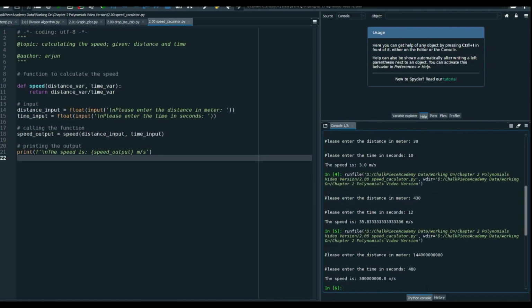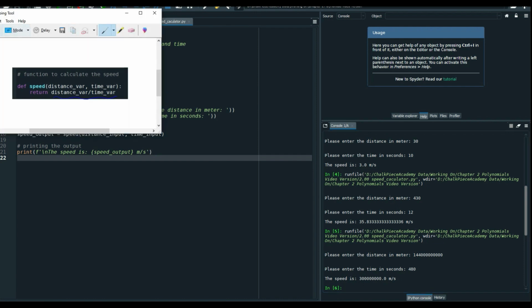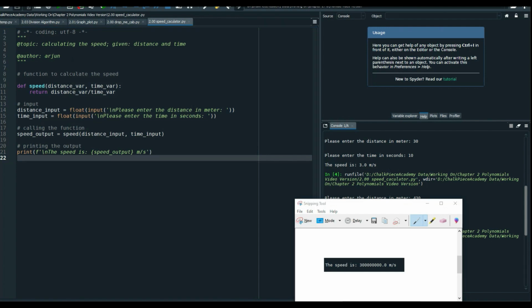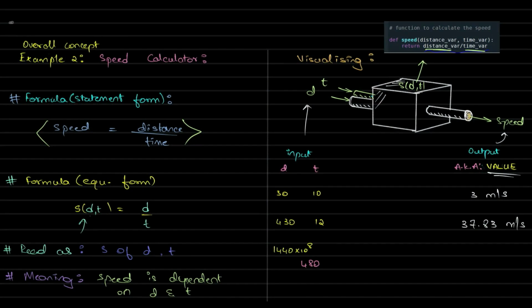We have 3 followed by 8 zeros, 3 into 10 to the power of 8 meters per second.